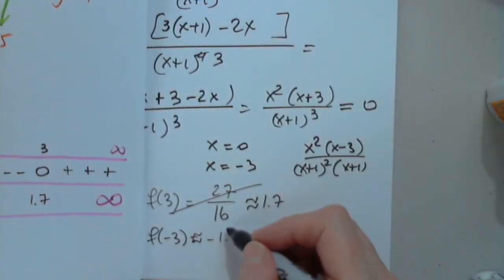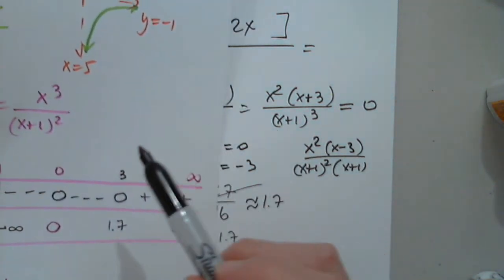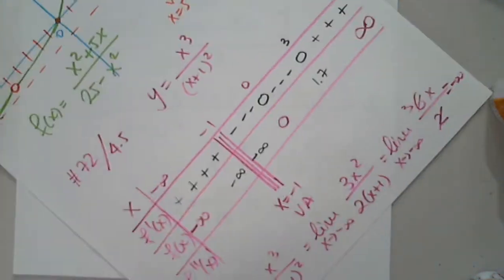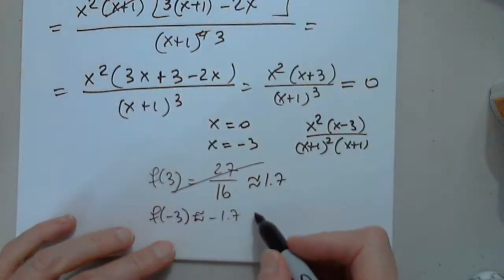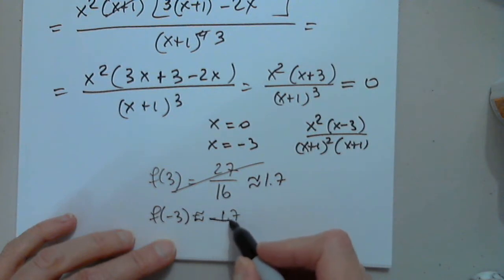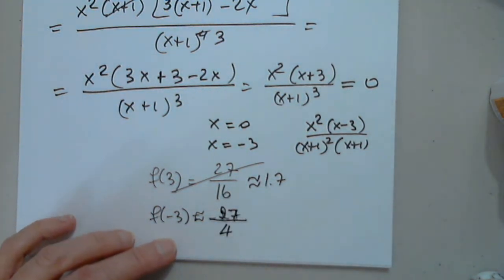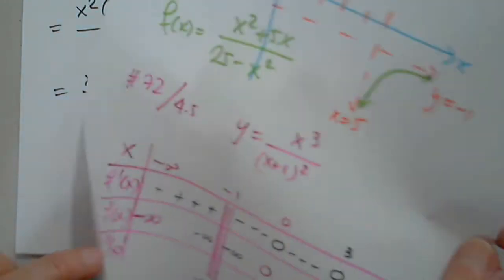Negative 27 over, no, negative, okay, don't rush. Negative 3 plus 1 is negative 2, so that's 4. So 27, positive 27 divided by 4. Negative 3, that's negative 27.